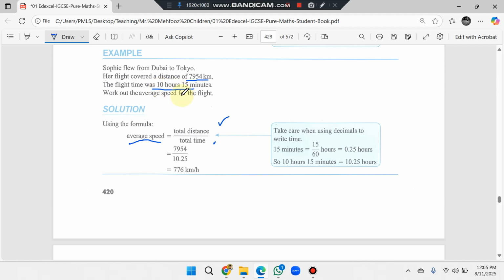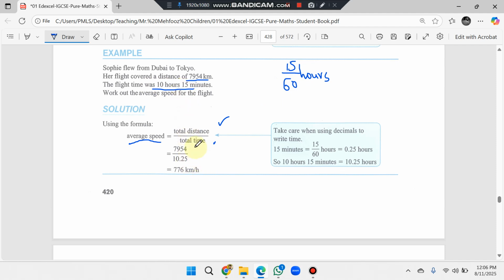So first of all we have to convert our time from minutes to hours. How can we convert? We write it as 15 divided by 60, so that is equal to hours. When we use calculator, your answer will be 0.25. So 10 hours plus 0.25 becomes 10.25 hours.